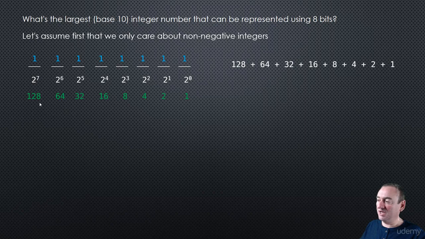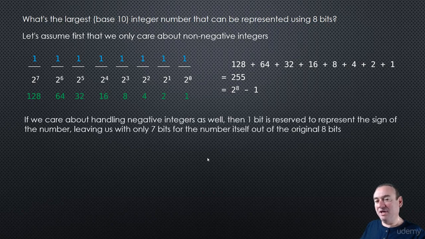So then a number that we can work with is 128 plus 64 plus 32 plus 16, etc. And that's equal to 255. So the largest number we can use is 255, which is 2 to the power of 8 minus 1. Notice the relationship between 8 bits over here and 8 over here in this expression.